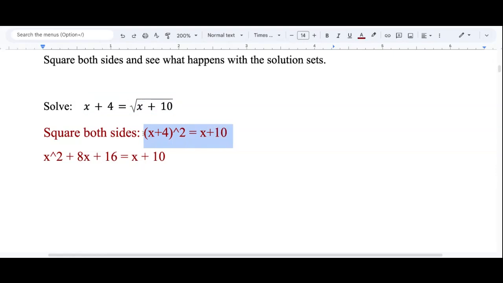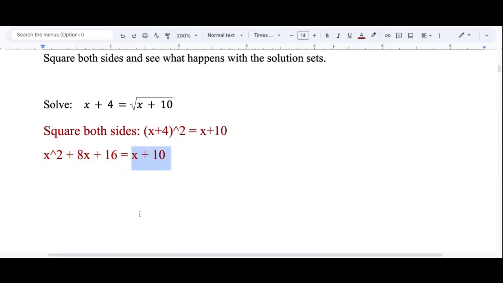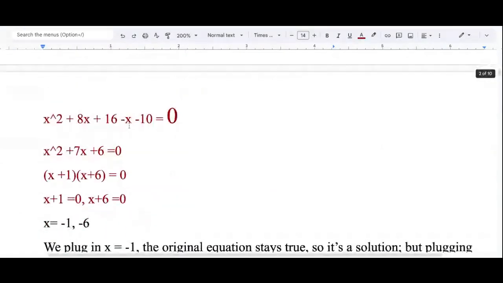Does this step make sense? Square both sides. So we get x plus 4 squared equals x plus 10. Okay, so this makes sense. Now we just expand, right? So x plus 4 squared is x squared plus 8x plus 16 equals x plus 10. Then we move x plus 10 to the left-hand side, it becomes negative.